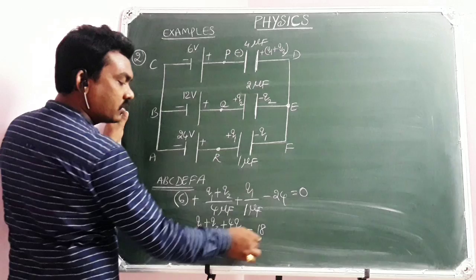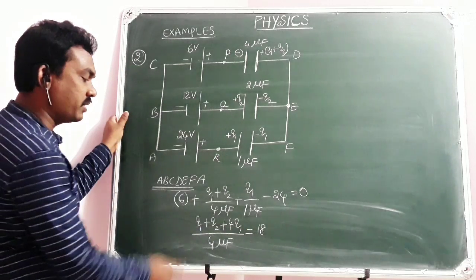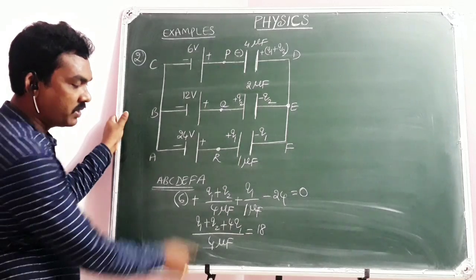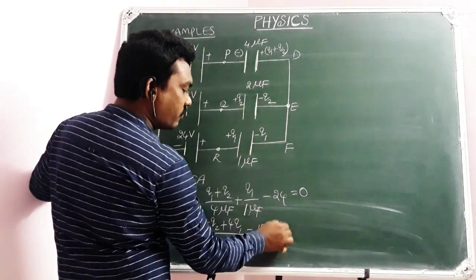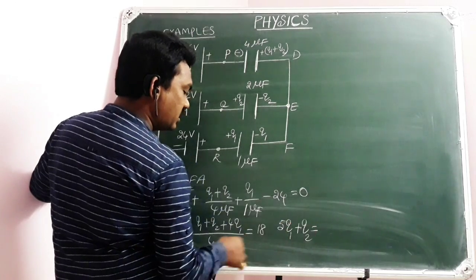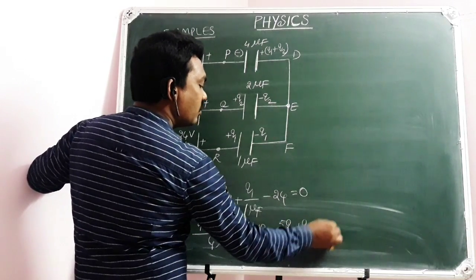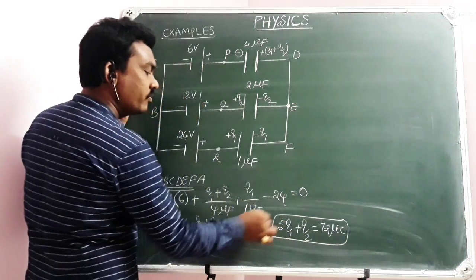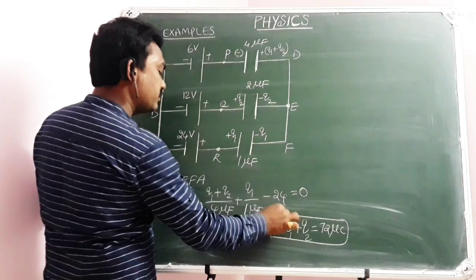Now 18 times 4 is 72 microcoulombs because of the left side charge. So 5 Q1 plus Q2. I am writing the equation here, 5 Q1 plus Q2 is equal to 18 times 4, 72 microcoulombs, don't forget, because in the denominator there is a microfarad. This is one equation.